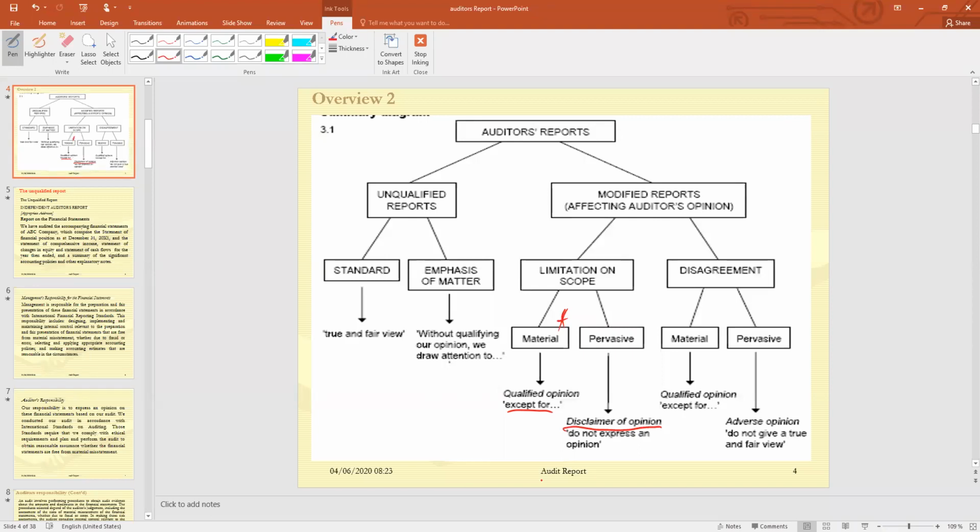If the matter is just material but not pervasive, you qualify the opinion, the "except for". If the matter is material and pervasive, then this is a disclaimer of opinion.